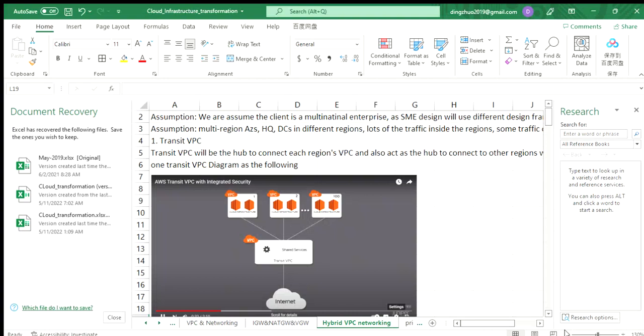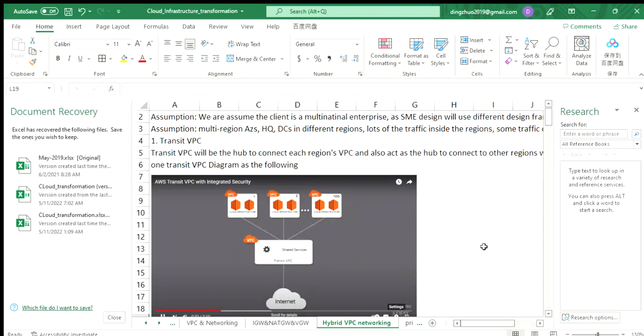This transit VPC will act as a shared VPC, but also as a hub to connect to each VPC in the regions. And then the transit VPC can cross over to not just the premises head office or data center, but also peer with other transit VPCs in the same region or in other regions.